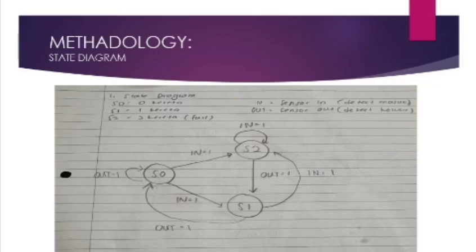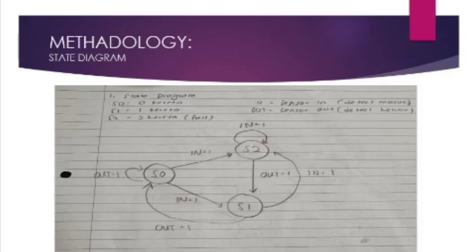From S0, if in is equal to 1, it will go to S1. If out equals 1, it will stay at S0. From S1, if in equals 1, it will go to S2.